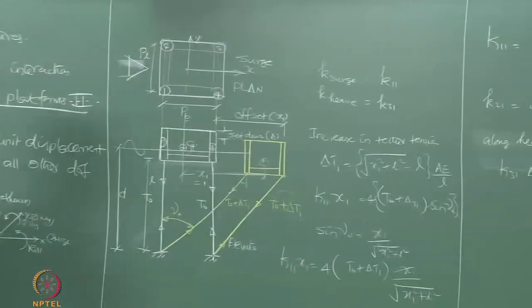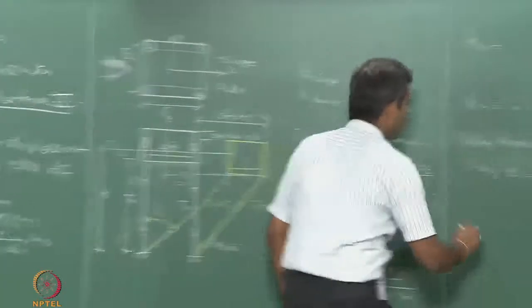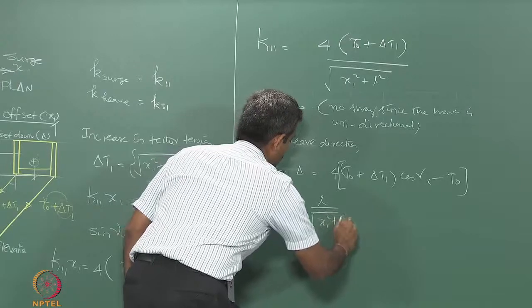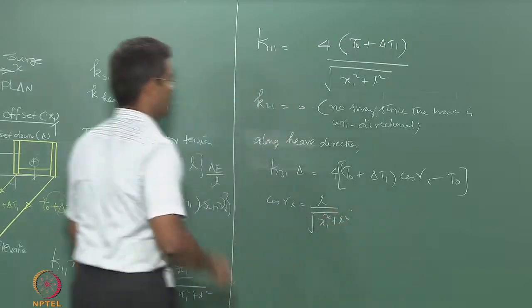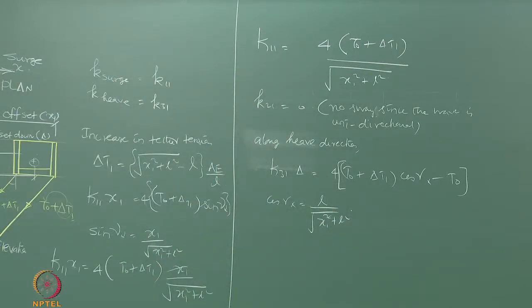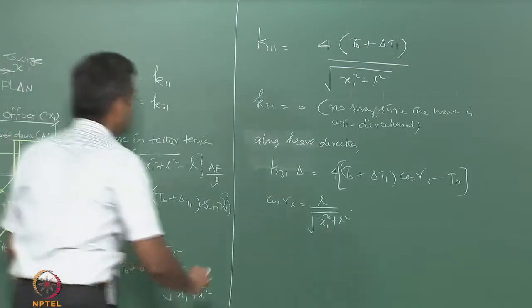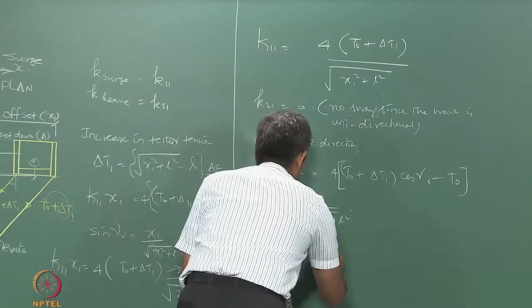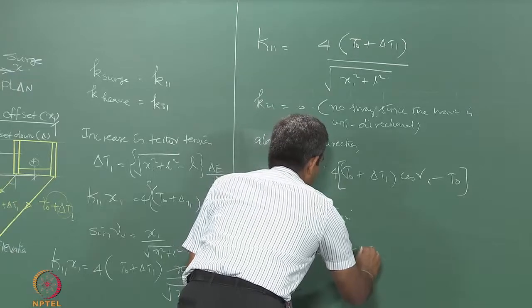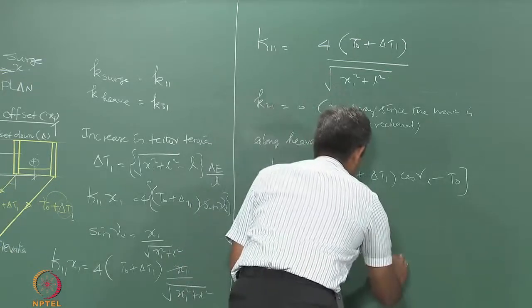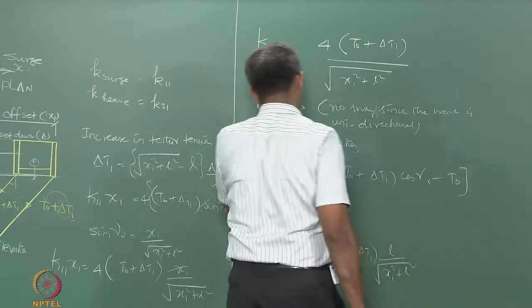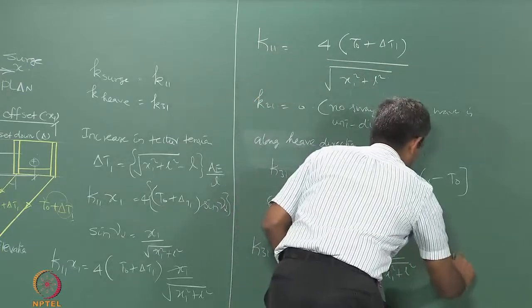So cos gamma x again is L by root of x1 square plus L square. So substitute back here. So I will get K31 delta as 4 T0 plus delta T1 of L by root of x1 square plus L square, minus 4 T0.